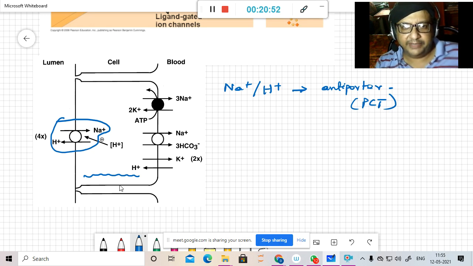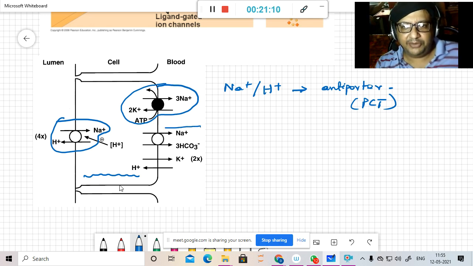So one sodium enters and one potassium exits. So this is the sodium Na+/H+ antiporter. This is the sodium potassium active transport pump, ATPase pump.